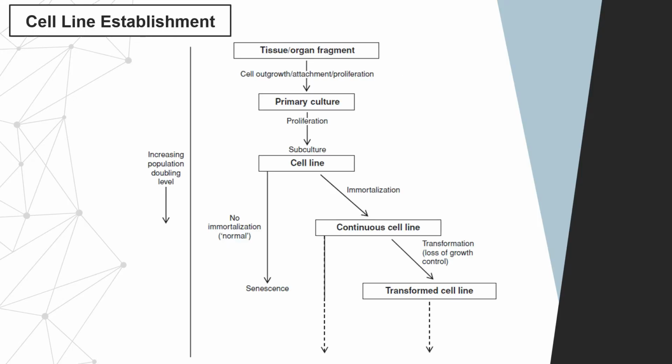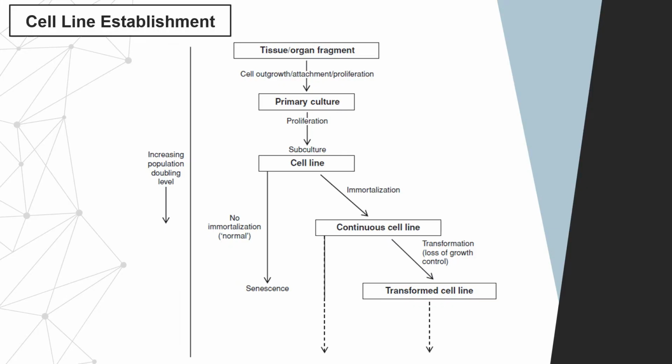So this diagram actually shows you the origin and progression of cell lines with the population doubling level. So you can see at the top, the tissue, you harvest some cells or some tissues from the organ fragments, you grow them, and that is your primary culture. Okay, you let it proliferate, and then your first subculture, when you subculture them, they are the cell line.